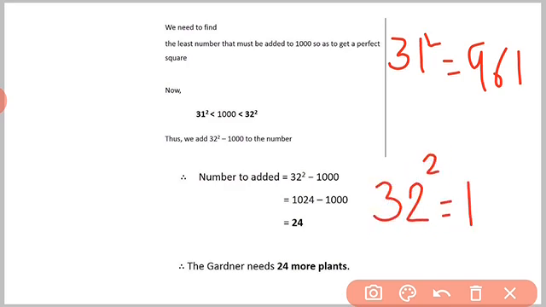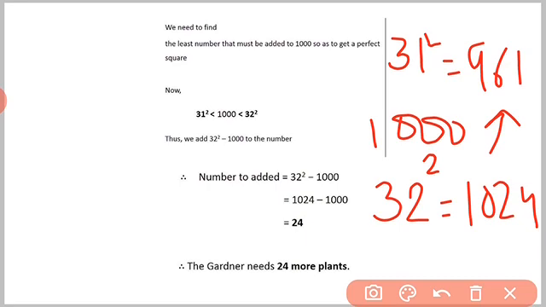It is 1024, and we see that 1,000 lies between 961 and 1024. What we have been asked? We have been asked how many minimum number of plants required so that number of rows and number of columns are equal. That means we have to find the next perfect square. Means we have to find that number that must be added to 1000 so as to get a perfect square.